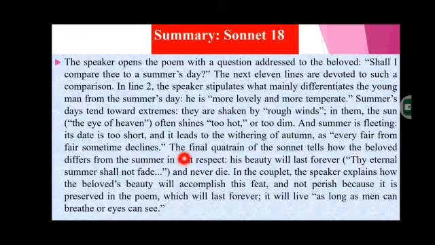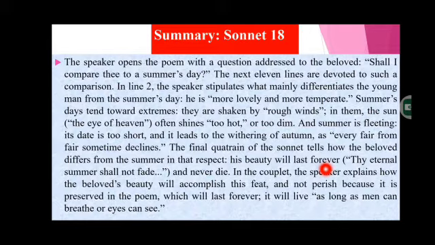So the final quatrain of the sonnet tells how the beloved differs from the summer in that respect. His beauty will last forever. Shakespeare's beloved's beauty will last forever, so his beloved is immortal. How can his beloved be immortal? In the lines of poetry, or in art.